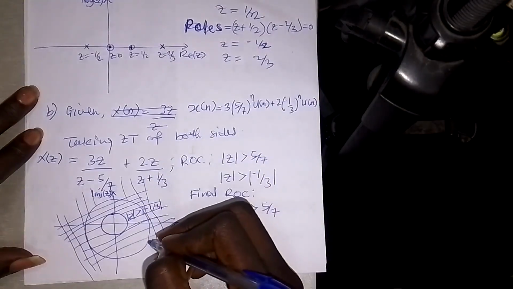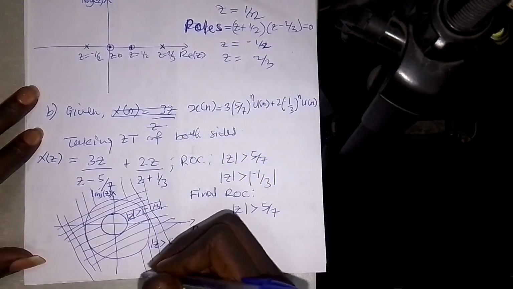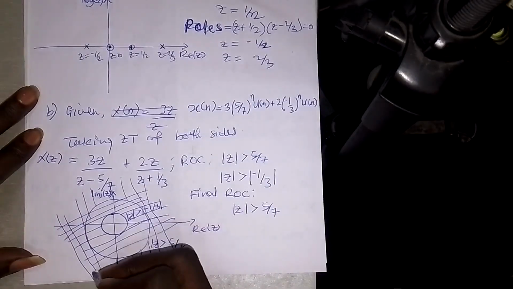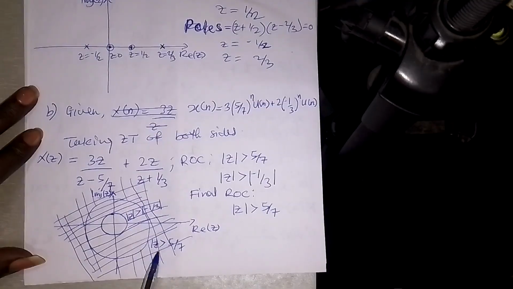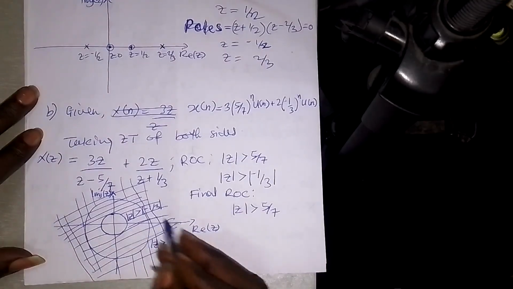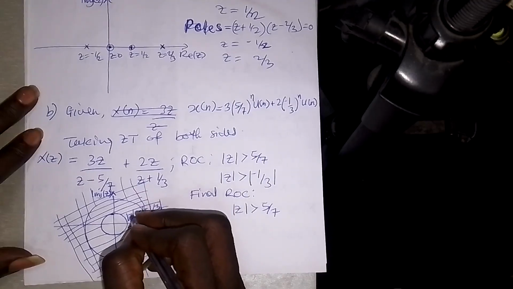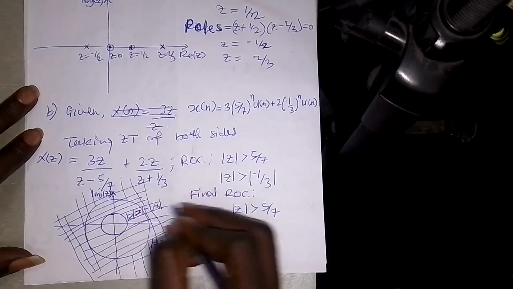If I continue, you see that the intersection is outside of the circle with radius 5 over 7. So basically, here |z| is the radius, equal to negative 1 over 3.